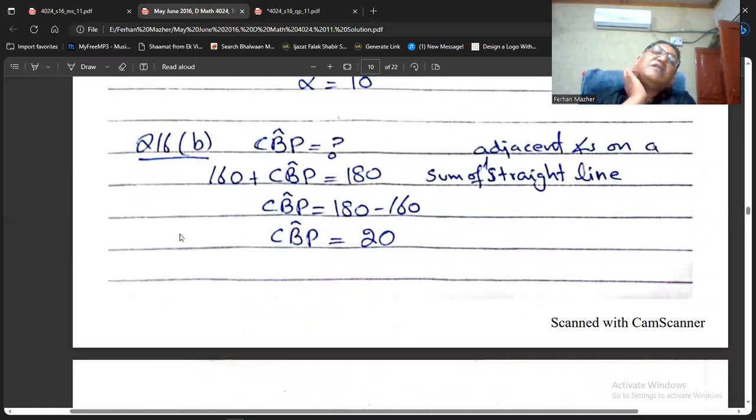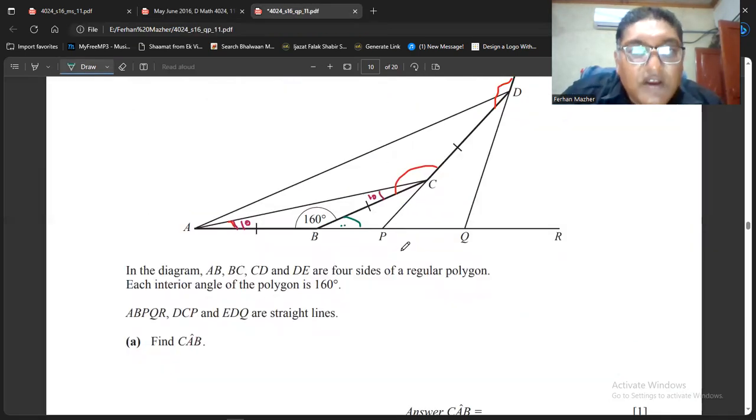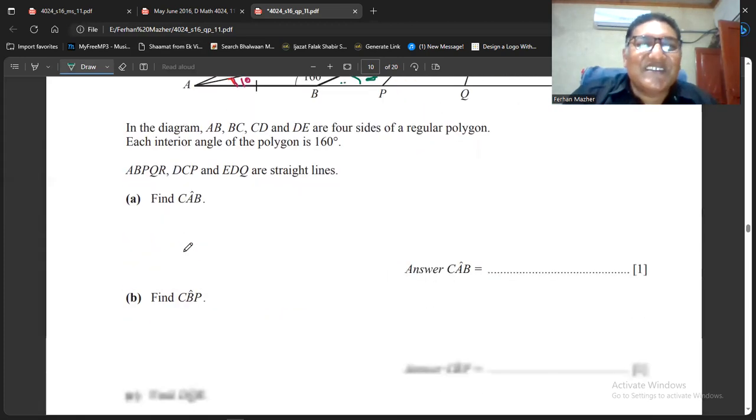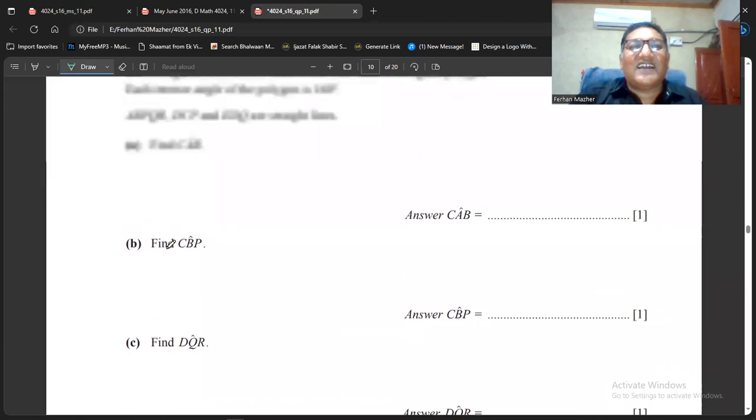The CBP will be equal to 180 minus 160, and that will be 20. So this angle here will be 20 degrees. Okay, it's very difficult to write with the mouse. Sorry for that.